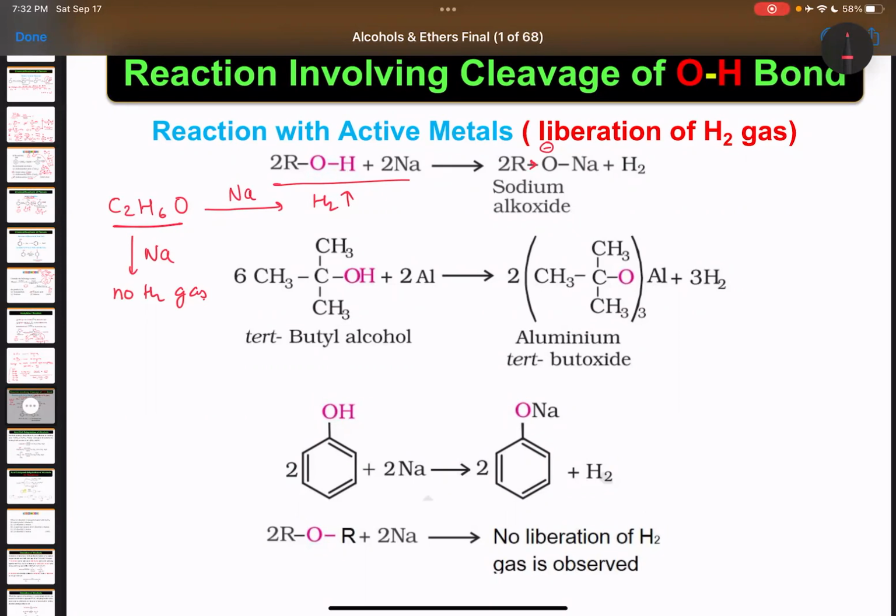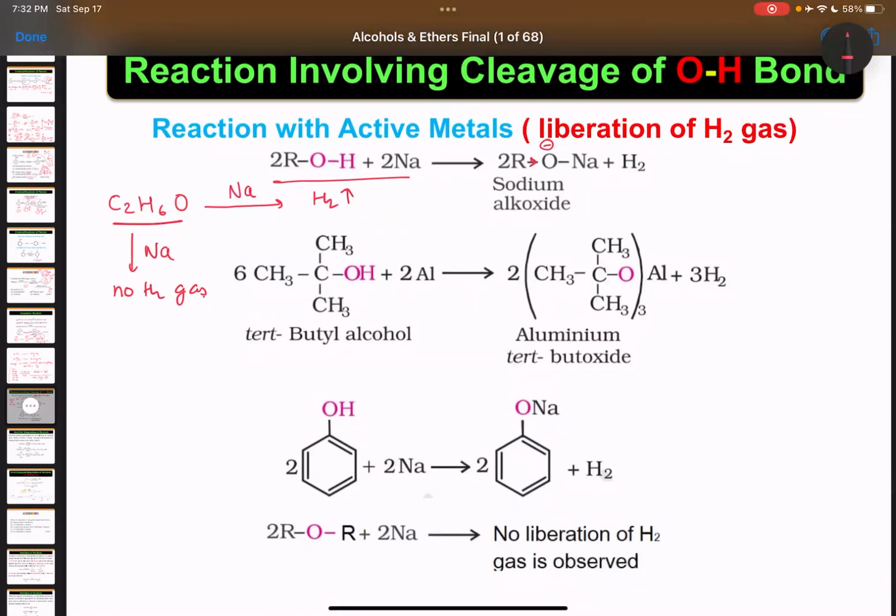That is ether. Is it clear? So it is going to be very simple. This test, reaction with sodium and liberation of H2 gas, will not tell you in-depth details about the structure, but it can tell you only whether it is an alcohol or an ether.